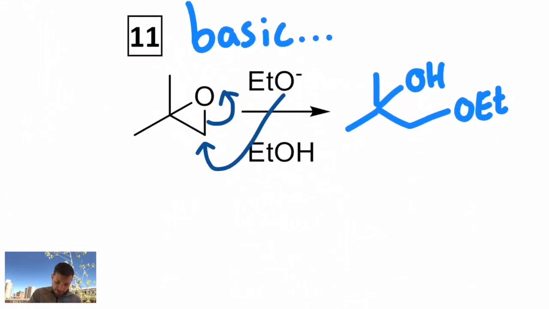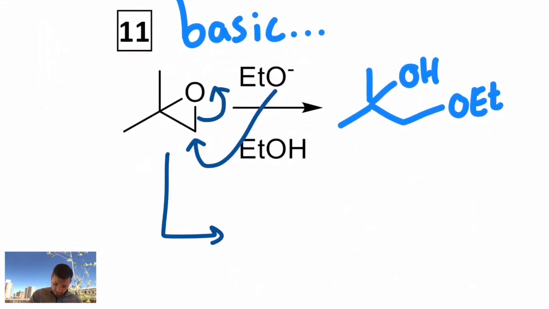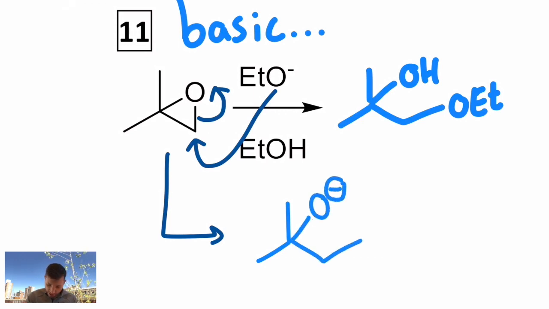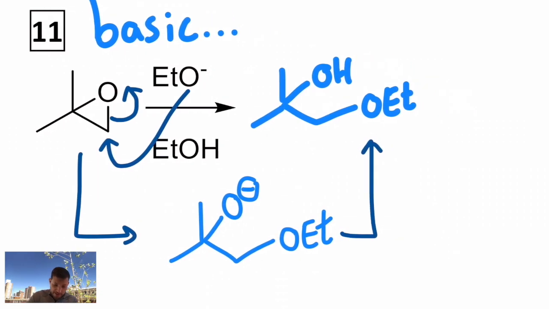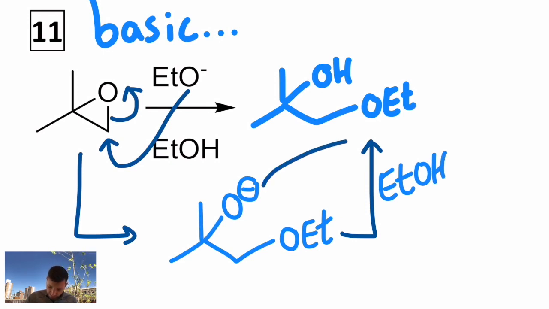That'll give you an intermediate with an O negative on the more substituted side and an O ethyl right where we see it in the product. And then how do I get to my product? Well, I'm apparently in ethanol as a solvent or something, so I can use ethanol as a proton source and just protonate that oxygen anion.